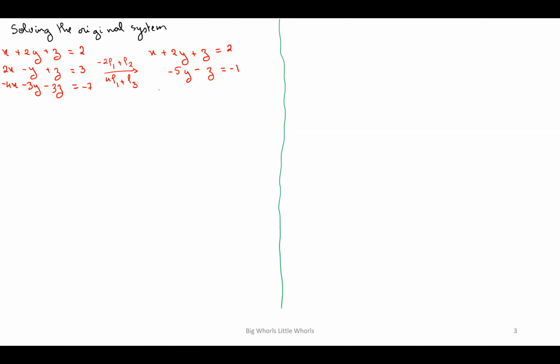That will give us 0, and 8 minus 3 is going to be 5y, 4 plus 1 is going to be z, and 8 minus 7 is going to be 1.